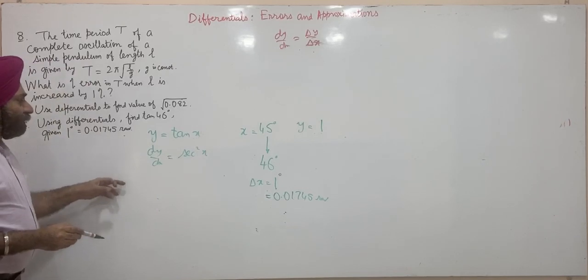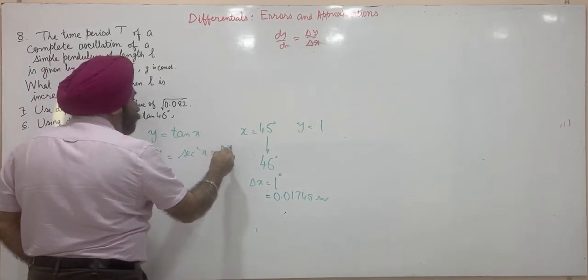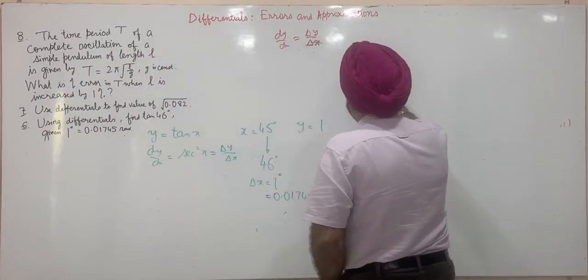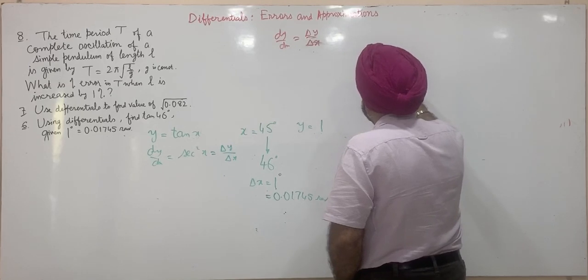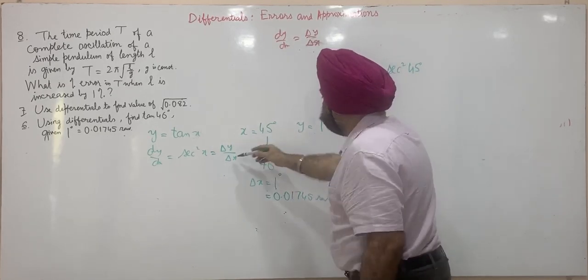The corresponding change in y is given by this formula, dy by dx equal to delta y by delta x. So delta y will be secant square of x, secant square of 45, into delta x.